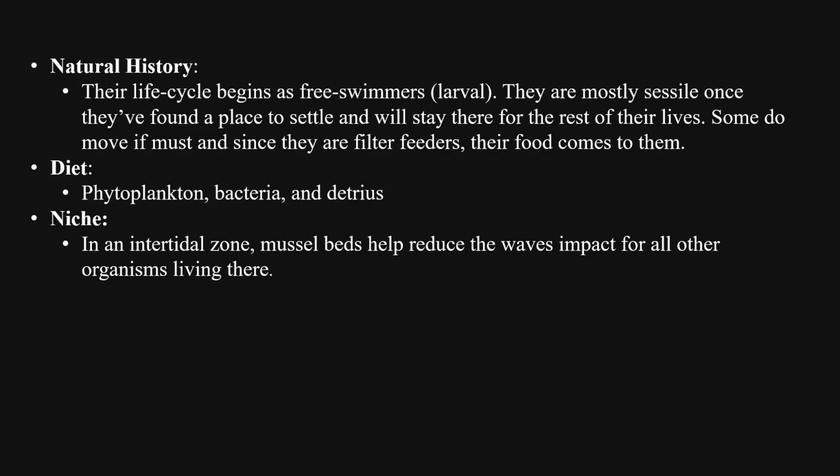As mentioned before, they are filter feeders, so they feed on plankton, bacteria, and detritus, which is organic debris. Their niche is to reduce a wave's impact on tide pools, since they're known to grow these beds with multiple other species or mussels.